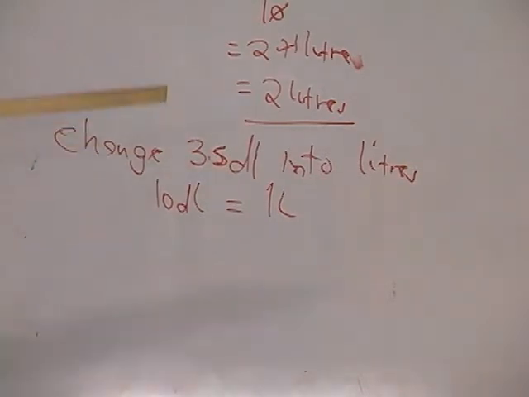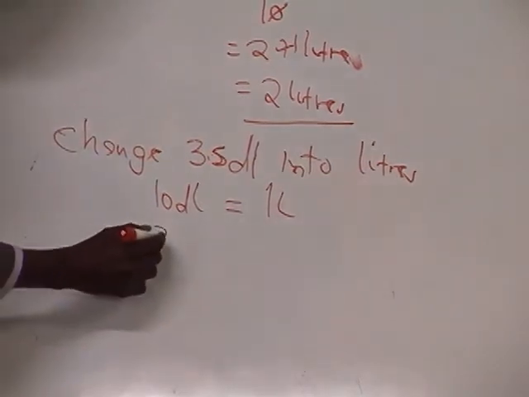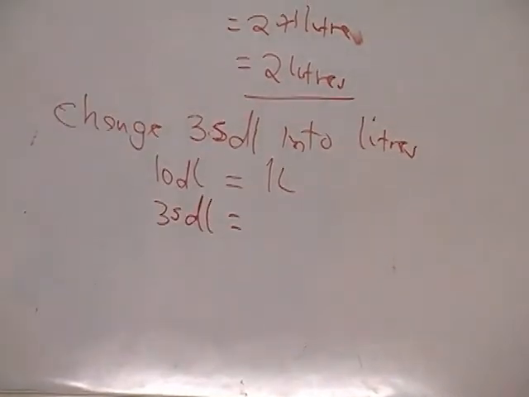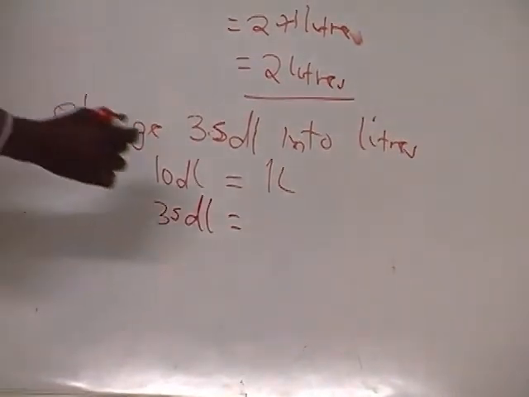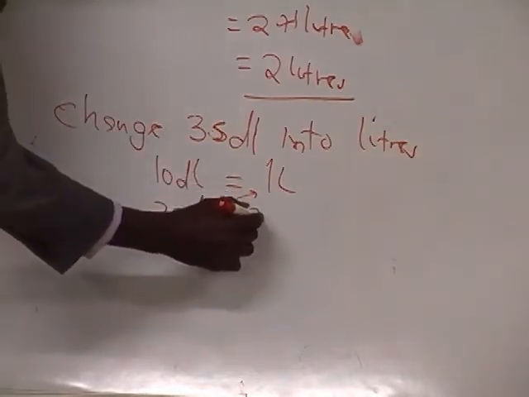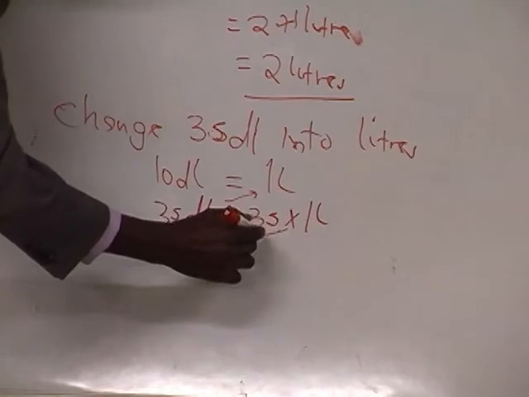Therefore, to change 35 deciliters into liters, we write 35 deciliters under 10 deciliters, then we cross multiply as we did in the first example. So we'll have 35 multiplied by 1 liter and then divided by 10.